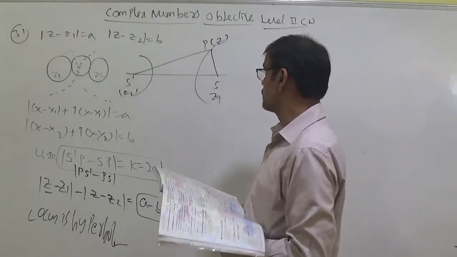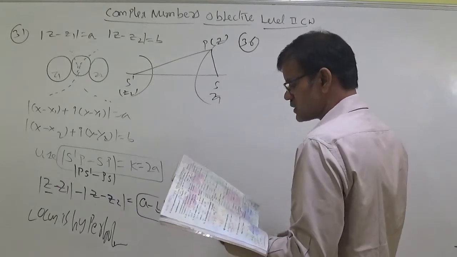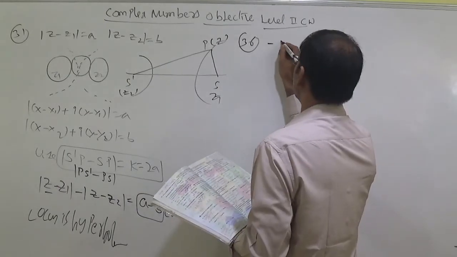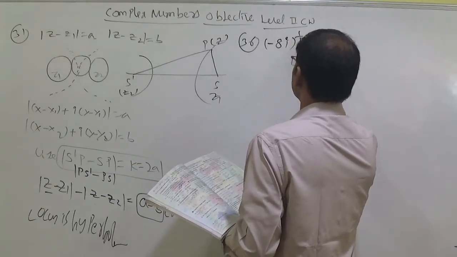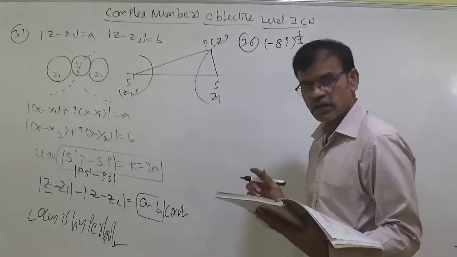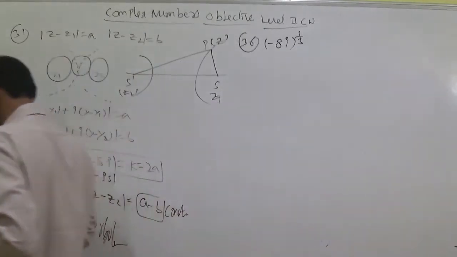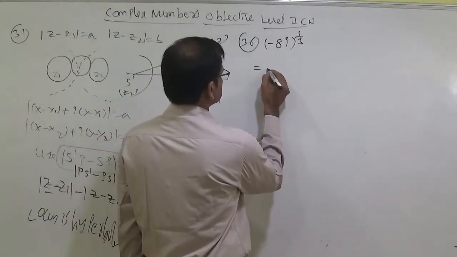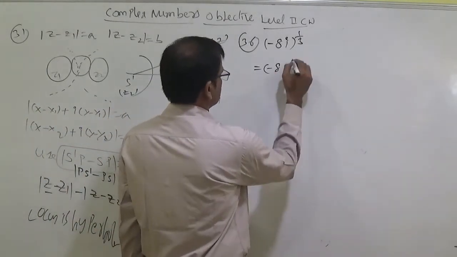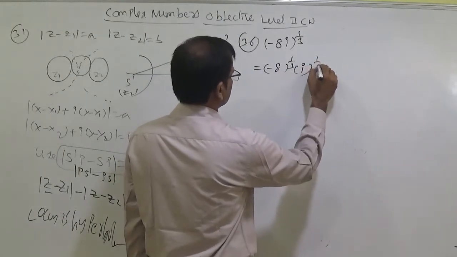Now let us discuss the 36th question: all values of minus 8i whole power 1 by 3. Here somewhat of a mistake is there. The second option is correct only, but in the second option a print mistake is there. Let us verify. Minus 8i power 1 by 3 can be understood as minus 8 power 1 by 3 into i power 1 by 3.